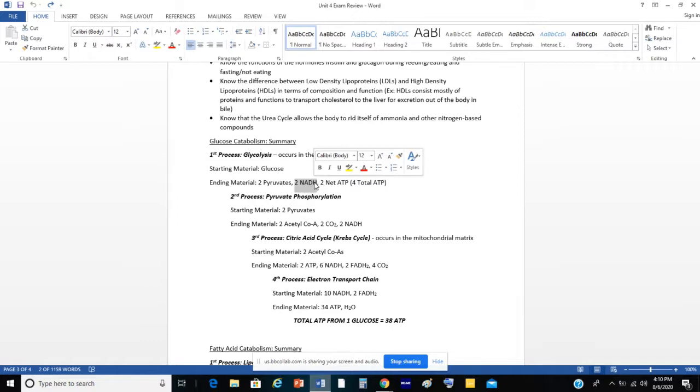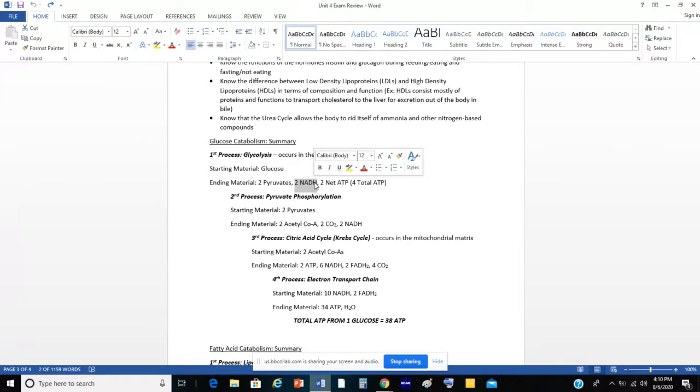And there's FAD, that's another electron carrier. FAD is the oxidized form, when it's not carrying an electron, and FADH2 is the reduced form, when it is carrying electrons.